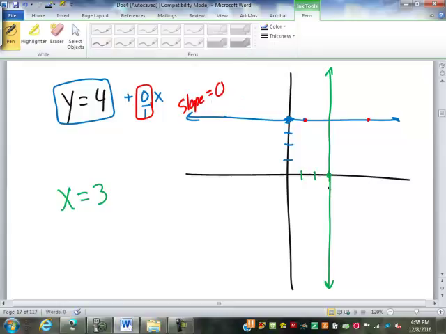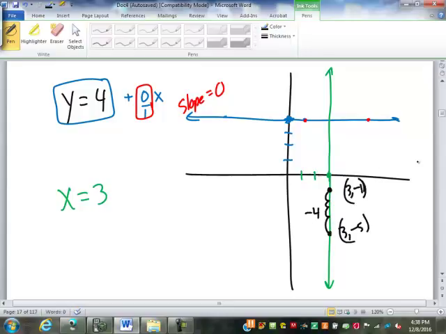Well, if I pick 2 points here, I'm going to pick this one here at 3, negative 1. And I'll pick this one, let's just go at 3, negative 5. What's the rise? Well, I go down 4, right? What's my run? How far did I go over? 0, right?